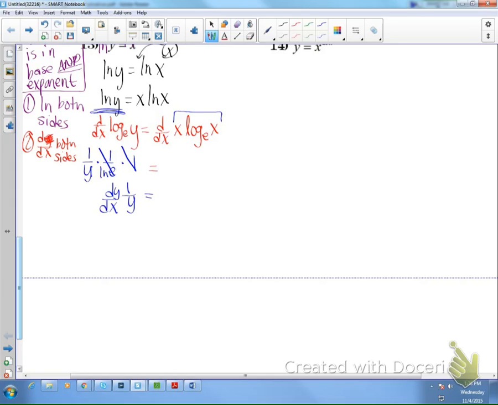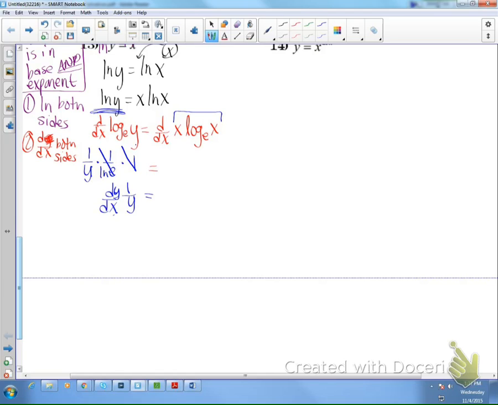And we took the derivative of y, so what did I do wrong? dy dx. This is 1 over y. I should still have a dy dx in there, because when we took the derivative of y, everything's with respect to x.